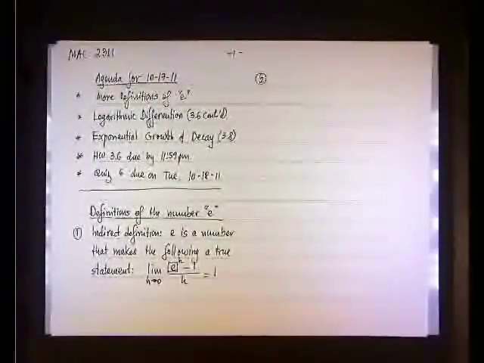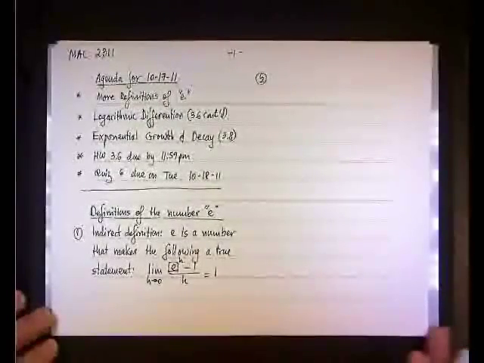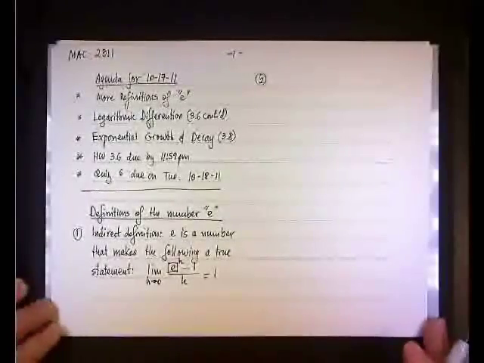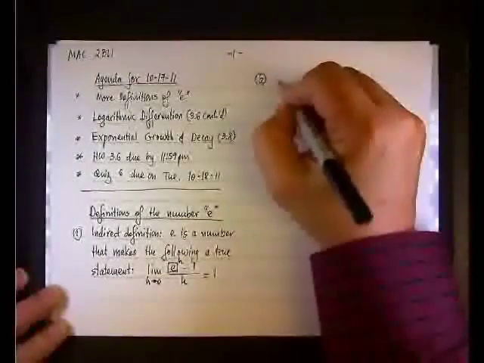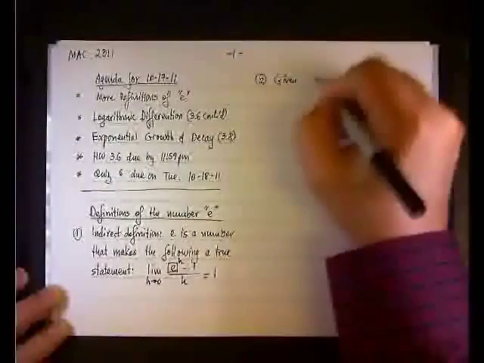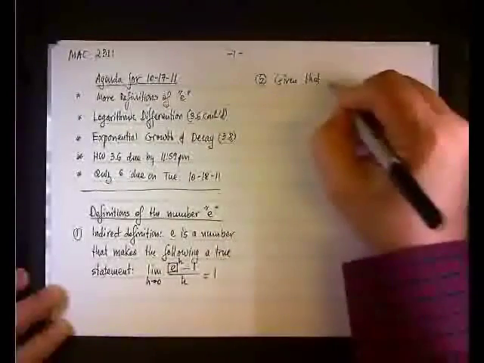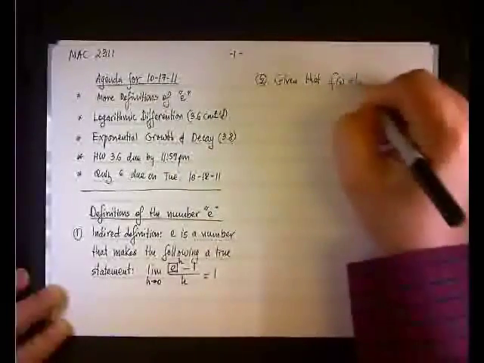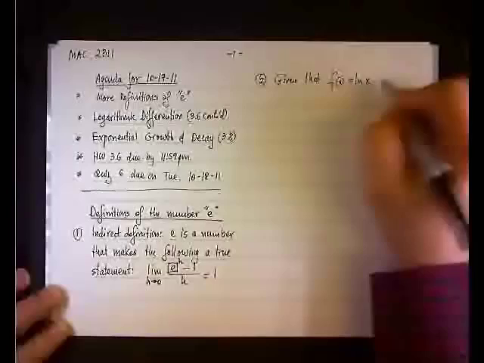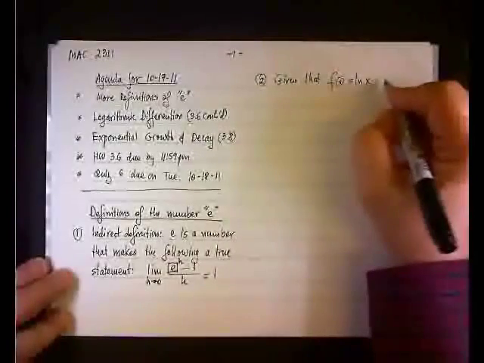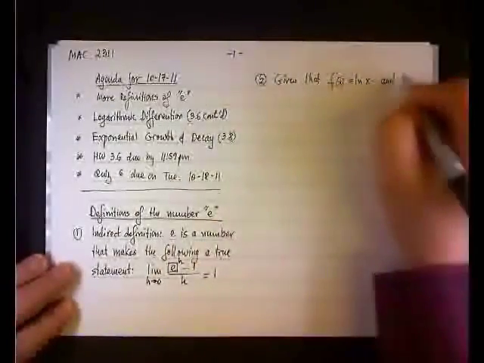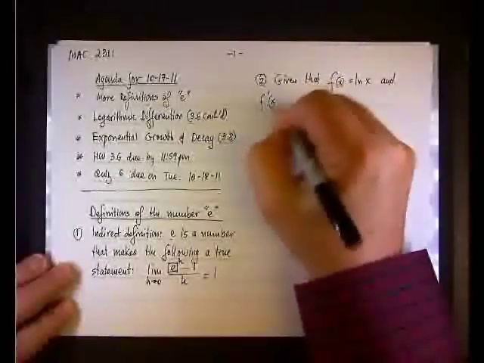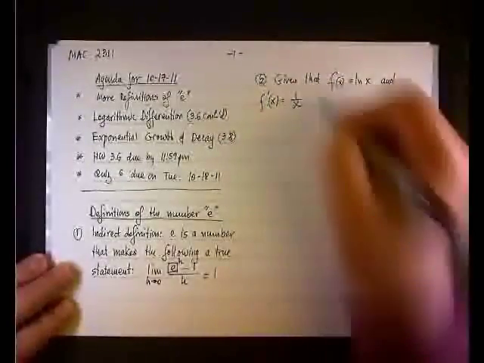In the second definition, we know from the previous material that the derivative of the natural log of x is 1 over x. Okay, so given that f of x equals the natural log of x, and f prime of x is 1 over x, right?